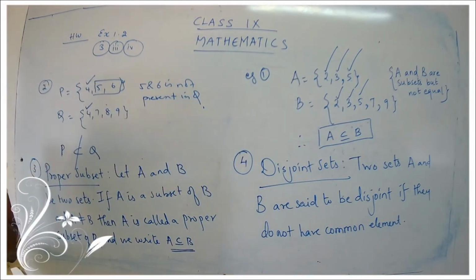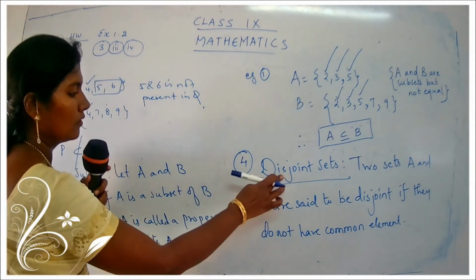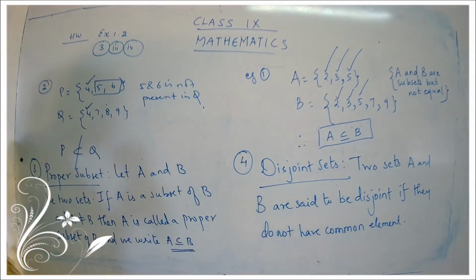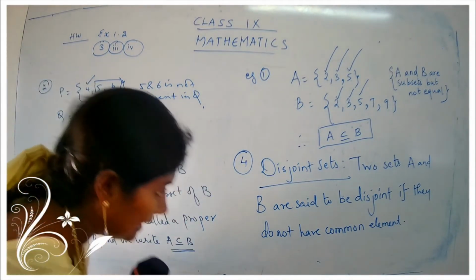Write down the definition for disjoint. Two sets A and B are said to be disjoint if they do not have a common element.